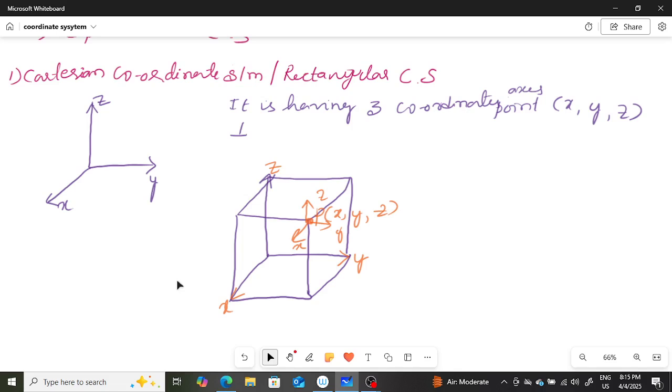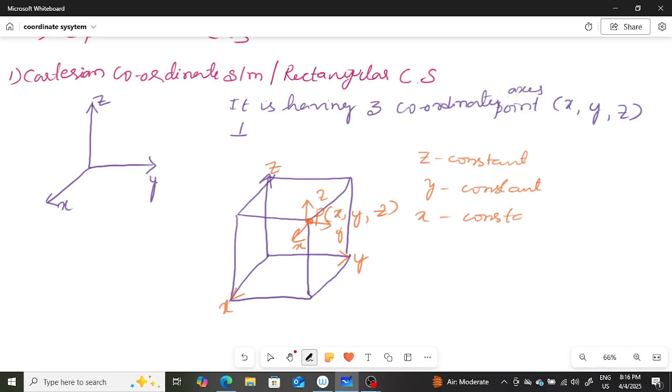In problems, it is not necessary to draw where exactly the point is represented, but you have to understand from the coordinates in which plane it lies. I am using the word plane here. What is that? That is the Z constant plane, the Y constant plane, the X constant plane.